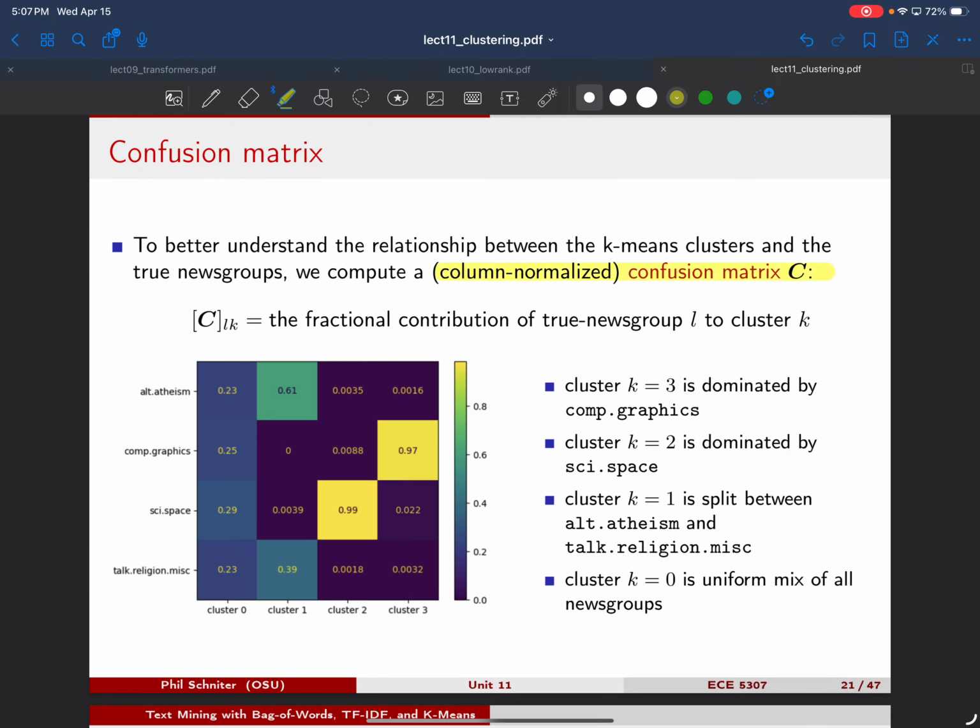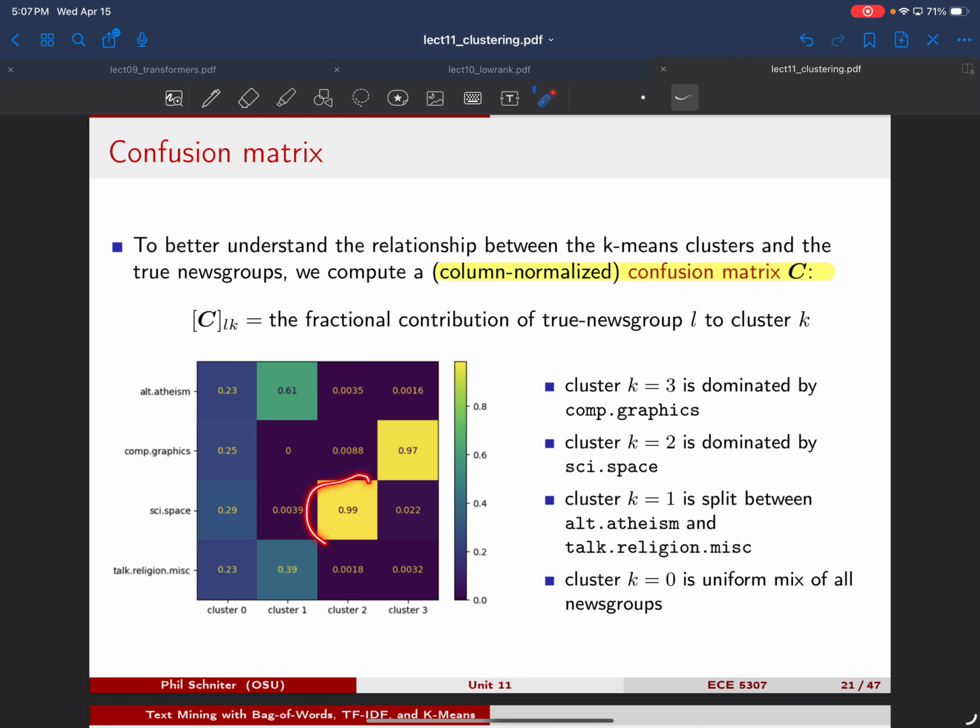So this is a confusion matrix, and here we're plotting the different clusters. Because we're normalizing the columns, each column is now a PMF across the true categories. When we look at cluster 3, you can see that 97% of the documents identified in that cluster do come from computer graphics.